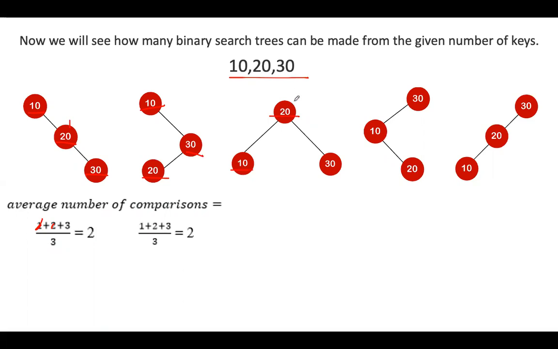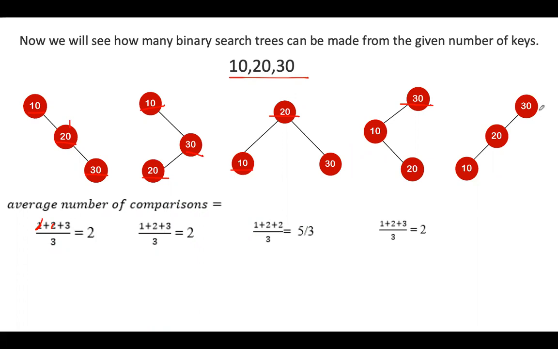For 20, only one comparison. For 30, again two comparisons. So the average comparison is 1 plus 2 plus 2 divided by 3. In the next tree, if you are searching for 10, it will be two comparisons. For 20, three comparisons. For 30, one comparison.